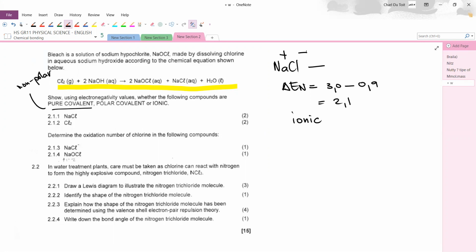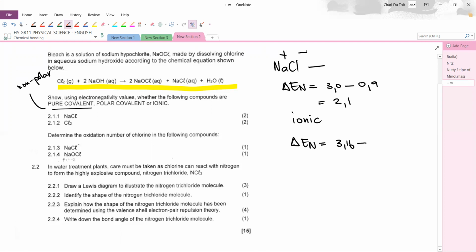I know. But what you also must realize is those values are thumb-sucked. Every textbook's got different intervals there. So in effect, if I look at my periodic table, chlorine isn't 3,0. Chlorine is 3,16. Because this is quite unfair, right?